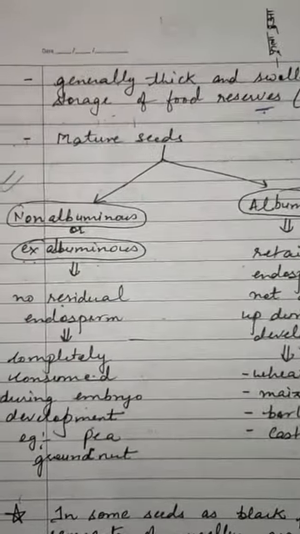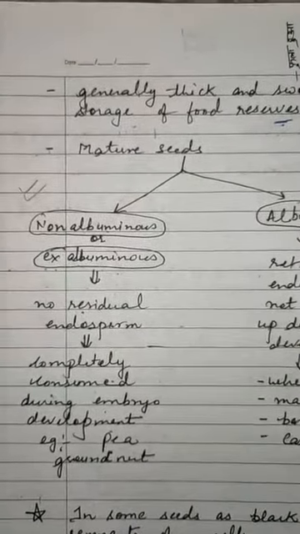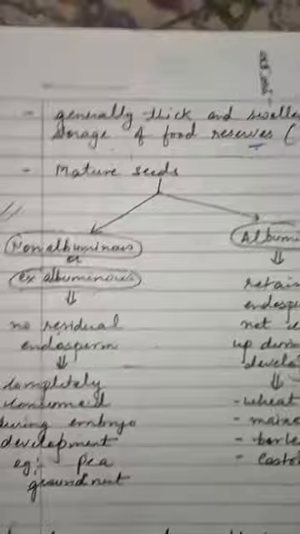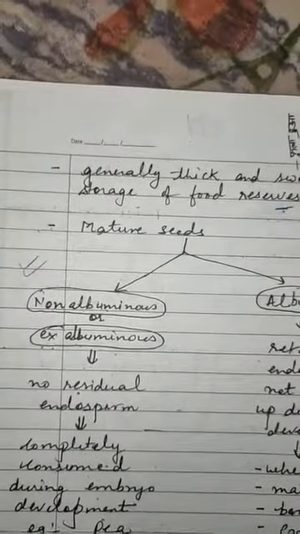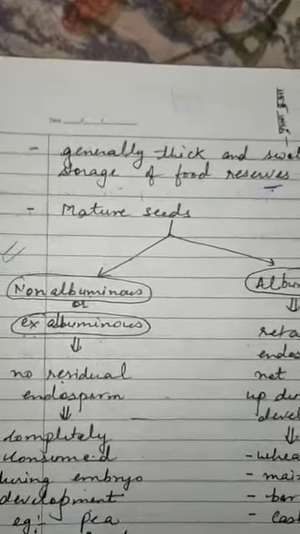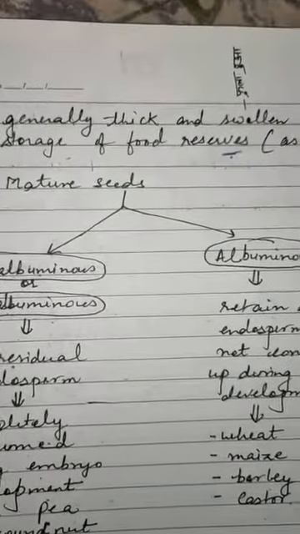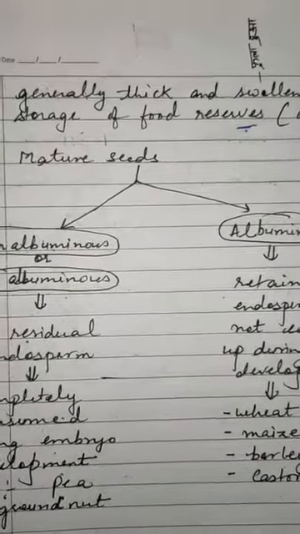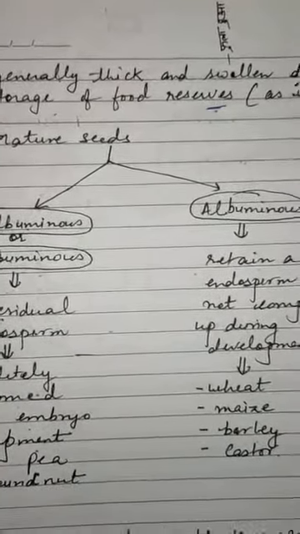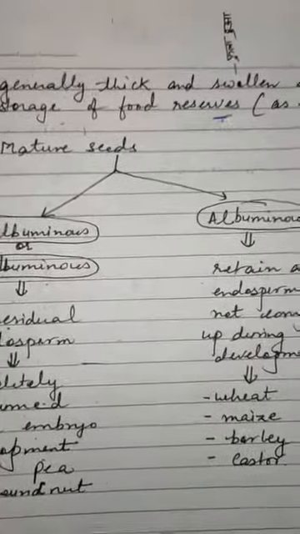I hope now it is clear. Now we can easily differentiate between an albuminous seed and a non-albuminous seed, right? Sometimes the question will come: differentiate between non-albuminous and albuminous seeds. Clear?